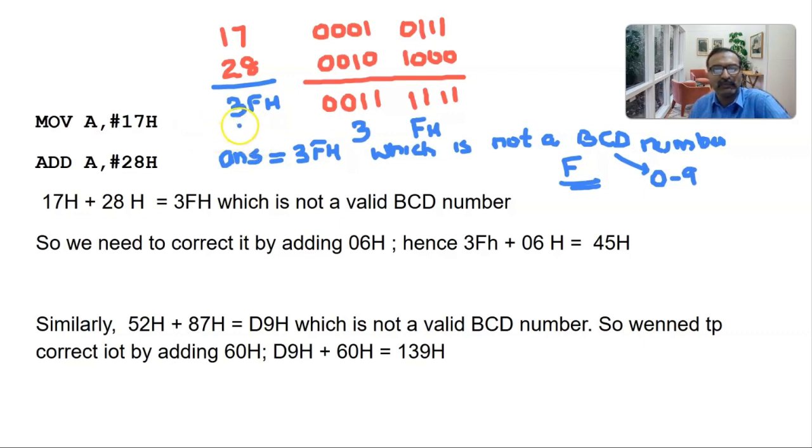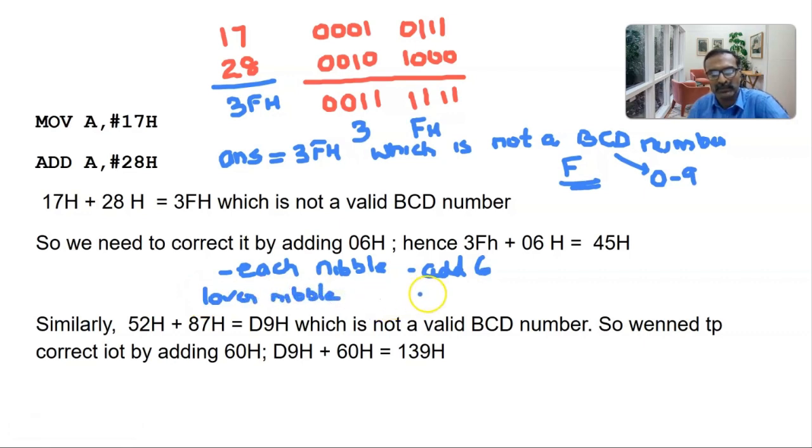To correct it, for each nibble that needs correction, you have to add 6. If it is the lower nibble, you have to add 6. If it is the upper nibble, you will add 60, because for the upper part you add 6 and for the lower part you add 0.